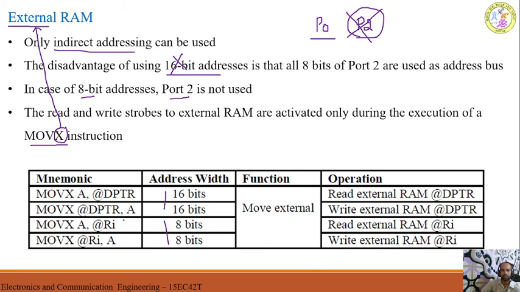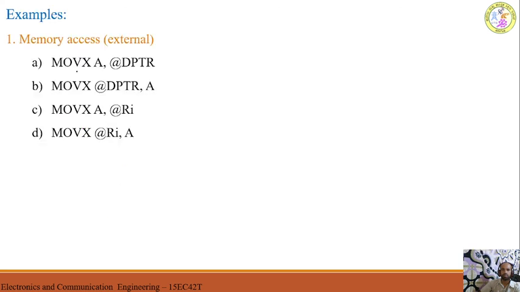Now how to get the 8-bit address? The 8-bit address can be formed with the help of register Ri, where Ri can be either R0 or R1. Go to this external memory location, take the content and copy it to the accumulator, or take the accumulator content and copy it to the external memory location pointed to by Ri. So these are some examples. This is how we can use external memory access with the move instruction.